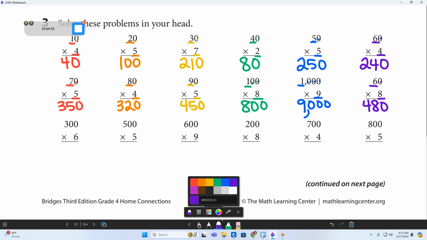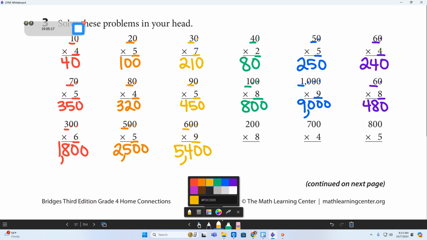Okay. 3 times 6 is 18. 2 in the problem, 2 in the answer. 5 times 5 is 25. 2 in the problem, 2 in the answer. 6 times 9 is 54. 2 in the problem, 2 in the answer.